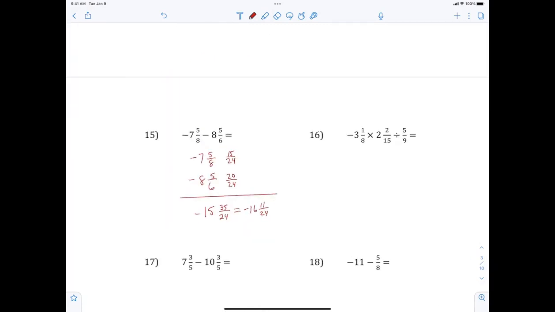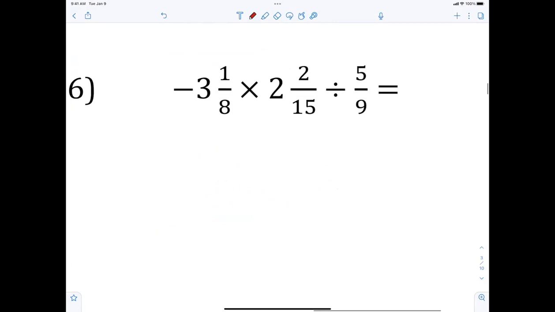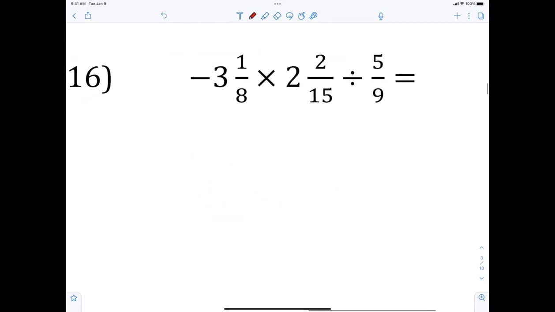Let's hear Brennan. All right, you're up for number 16 for me, kiddo. What do I need to do with 3? Now, remember this is multiplication and division. Yes, ma'am. Let's do that. Okay, so what are we doing? You're right. Is the answer going to be positive or negative?